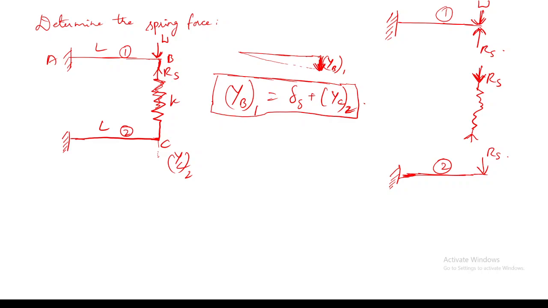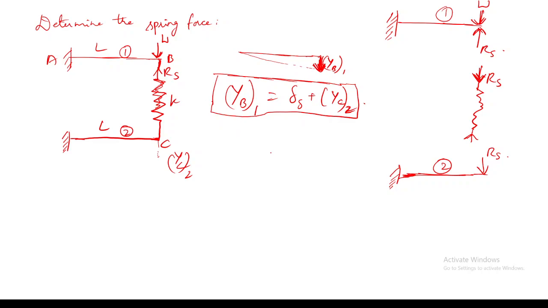Sir, but deflection of beam 1 is independent. So how is it going equal? No, see, actually this beam 1 is bent by a distance of YB1, right? Yes, sir. Yeah, and also you are having a bending of beam 2, which is due to RS, and also a compression of the spring due to RS, okay.